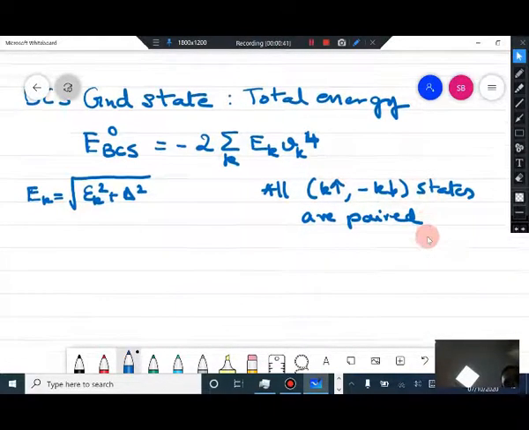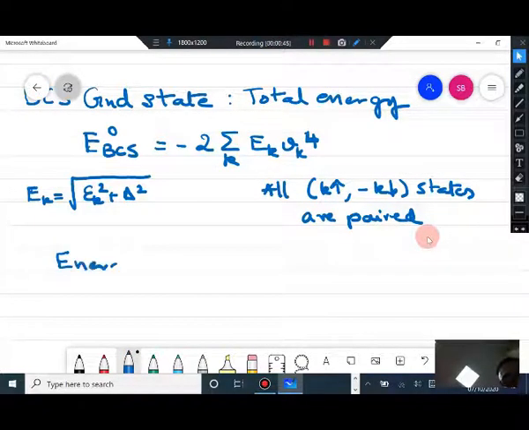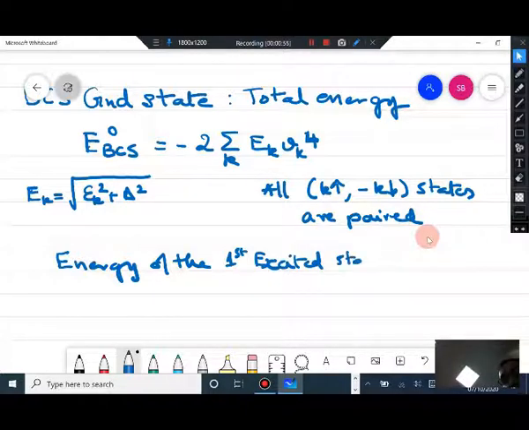So now let us determine the energy of the first excited state in the BCS ground state.